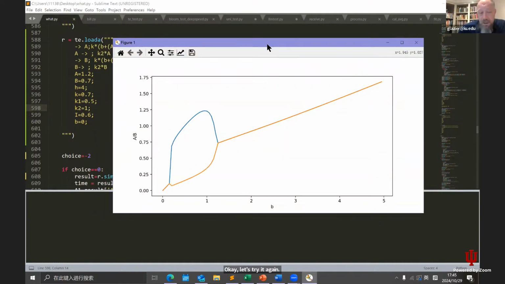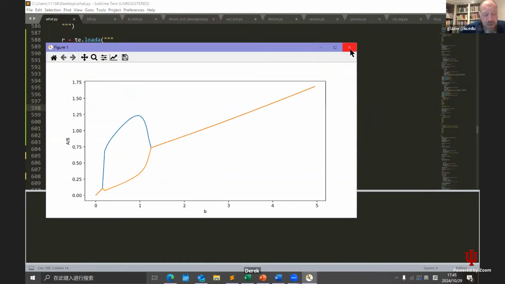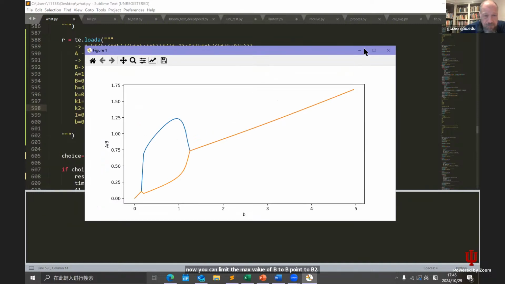There. Okay. So now you can limit the max value of B to be 2. So sweep the value of B between 0 and 2.